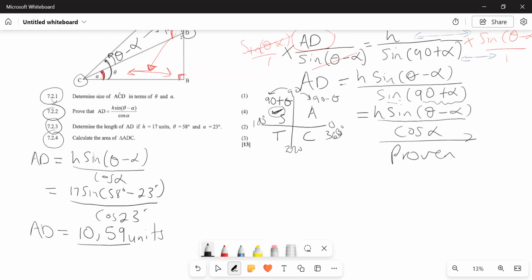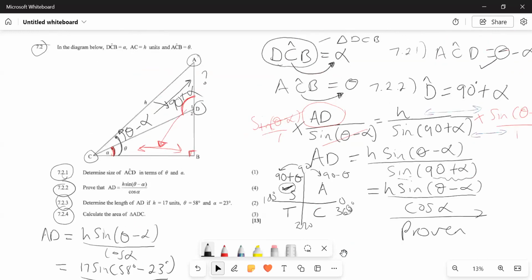Now 7.2.4. For 7.2.4, we need to find the area of ADC. For you to find the area of ADC, you need to use the conditions of the area rule. So for you to find the area of ACD, at least you need to have two sides and an included angle, right?